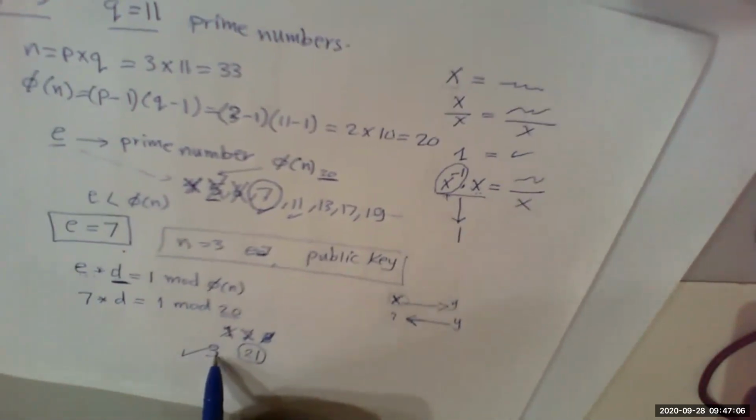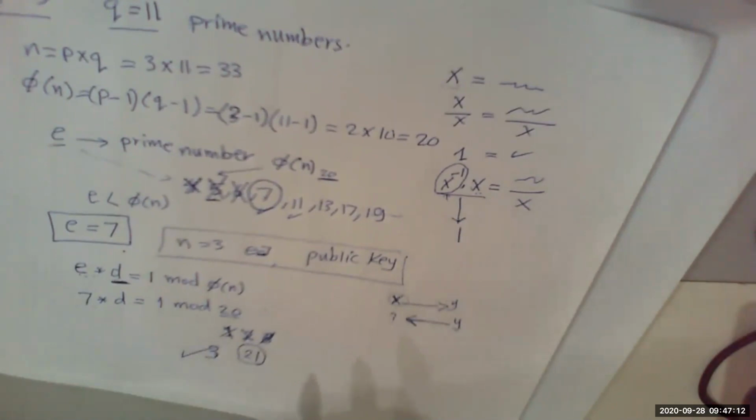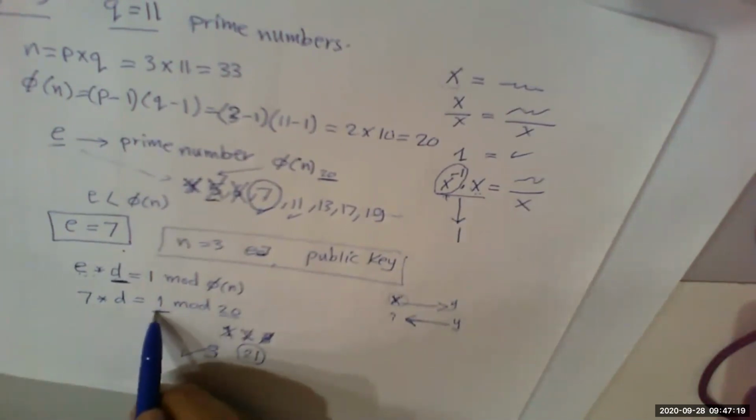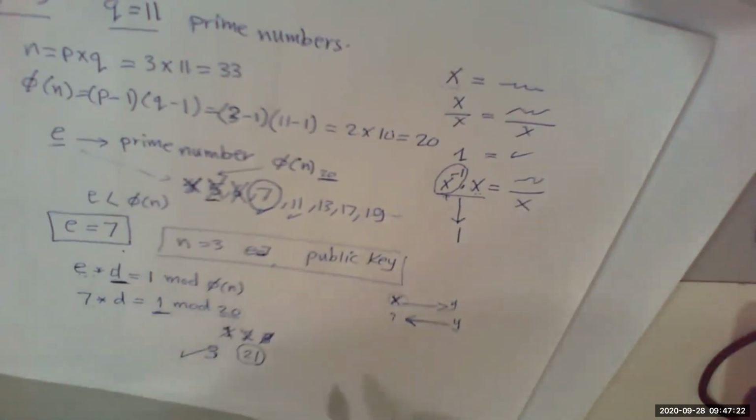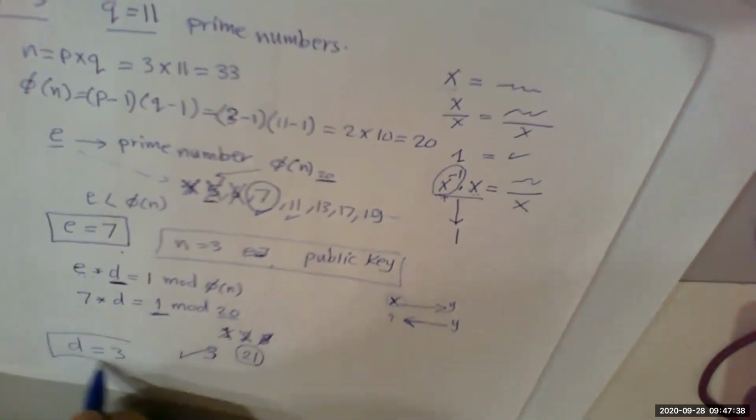So 3 is working, because if I multiply 3 by 7, it gives me 21, which has a remainder of 1 mod 20. So now I succeeded in getting D, and D equals 3.